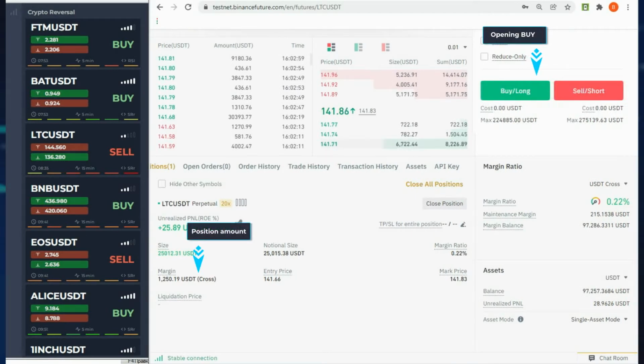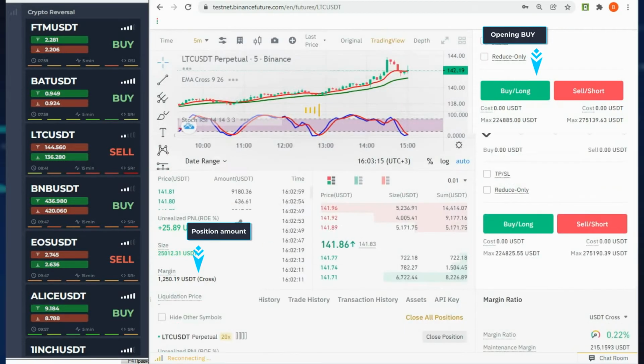The volume of the position, in money, is shown, taking into account leverage. Your margin value may be different, depends on leverage.